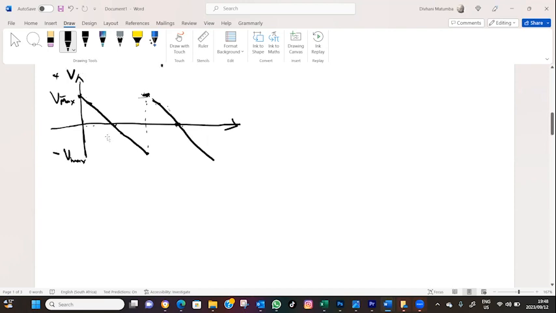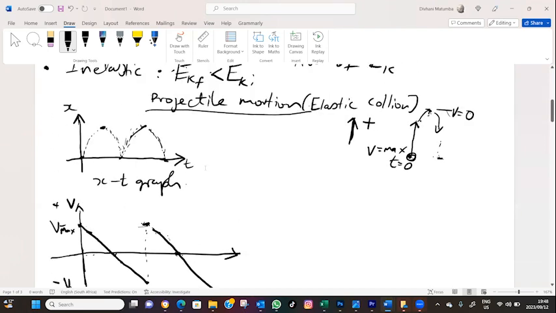Something that you have to notice is that the slope of the displacement time graph will give you the velocity time graph. If you determine the slope at that point, it will be at its max. If you determine the slope right there, it's actually 0.